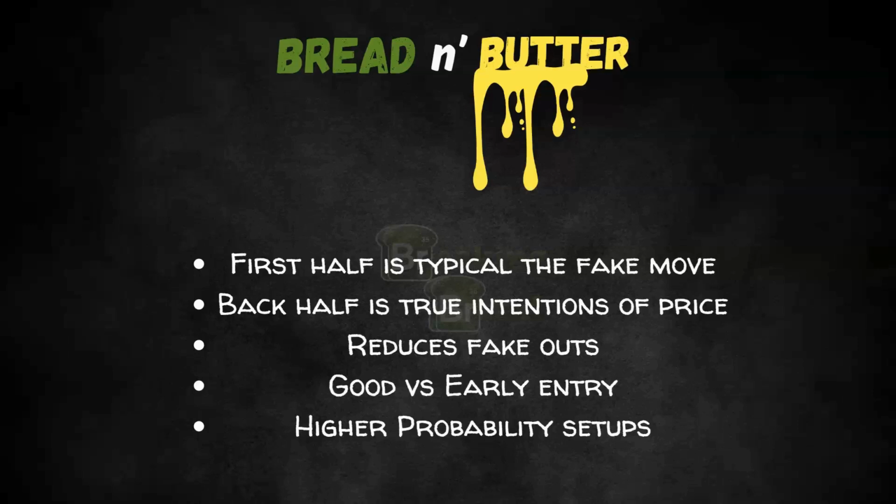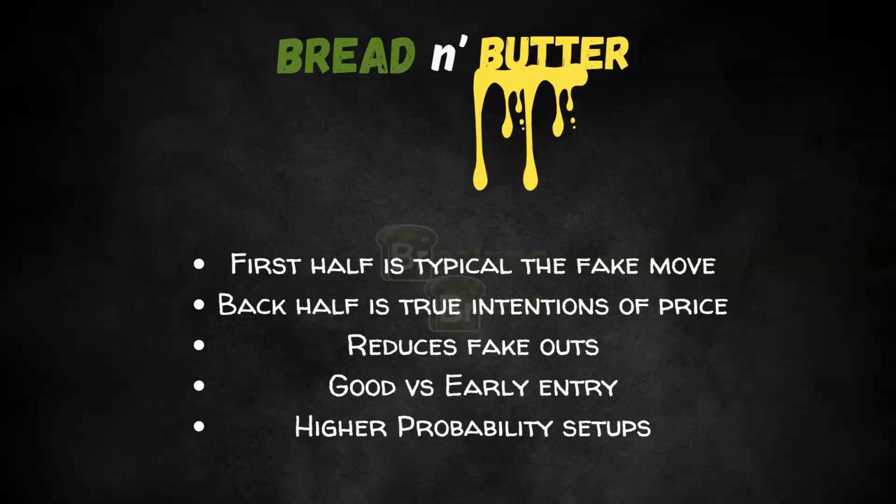Wait till you have confluence with what the higher time frame is saying on the charts. If it all flows together and you have that confluence and that confirmation, that's the good entry. If we're getting in and we don't have any confirmation, we don't have any confluence, we're just getting in because we feel price is about to do this, but the charts are not confirming that for us, that's an early entry, and we don't want that.